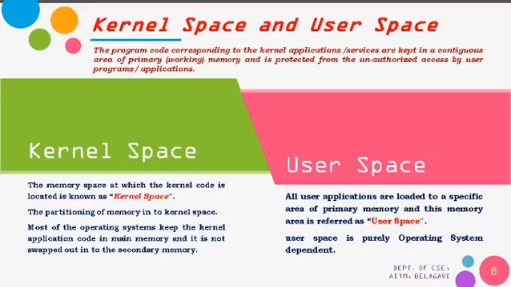So what is meant by kernel space? The memory space at which the kernel code is located is known as the kernel space here, and this is the partitioning of memory into the kernel space. So most operating systems keep the kernel application code in main memory, and it is not swapped out into the secondary memory here. So they are all kept in the main memory or primary memory here.